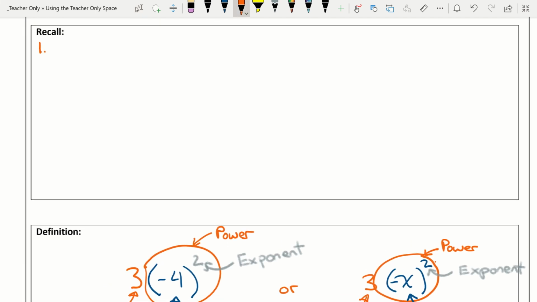Now with that in mind, I'm going to use some of those words here. One of the first laws of exponents we can talk about is what happens when we multiply powers.